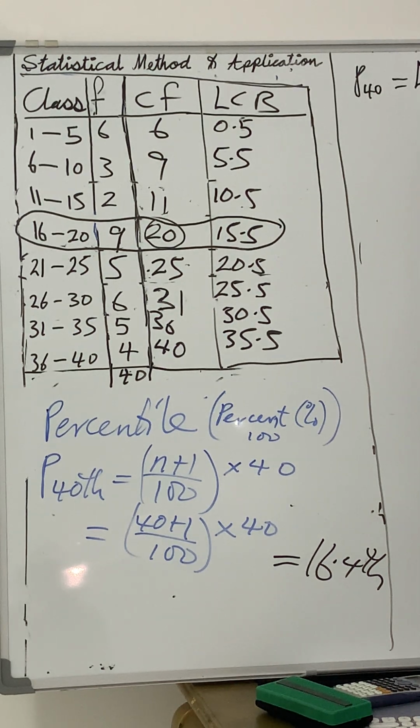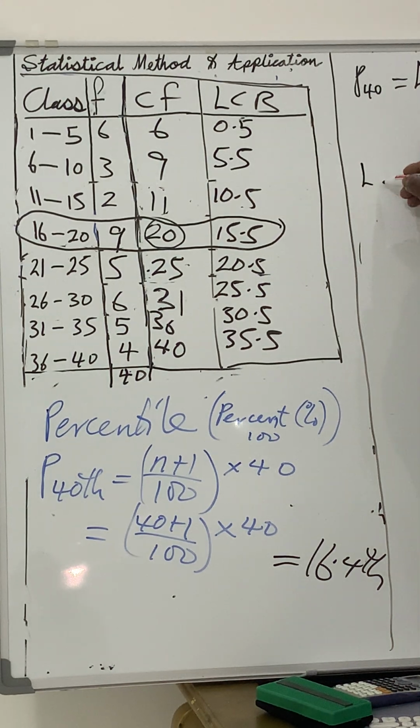That's the lower class boundary in P40 plus the summation of the frequency over 100 times 40 minus summation of the frequency lower than P40, all over the frequency in the P40, into class interval.